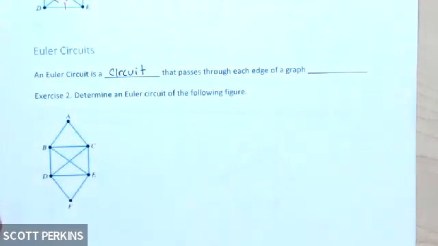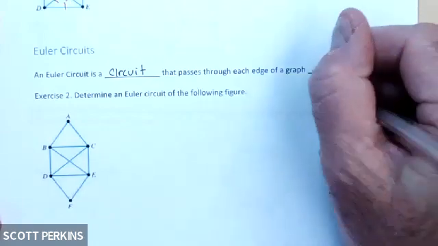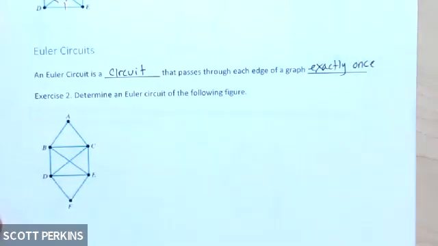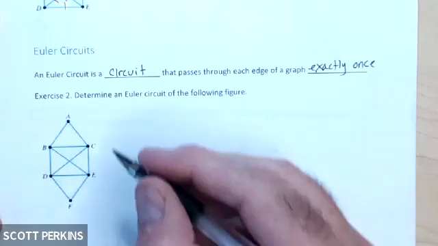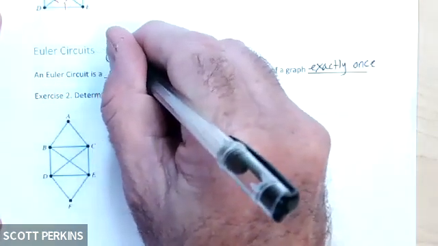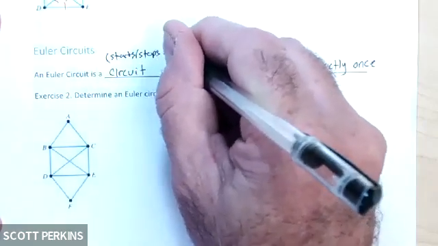I'm going to start and stop at the same place that passes through each edge of the graph exactly once. And if you've forgotten what a circuit is, you might parenthetically make a little note to yourself above the word circuit. A circuit starts and stops at the same vertex.